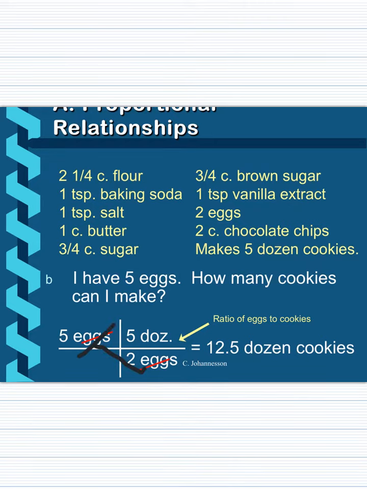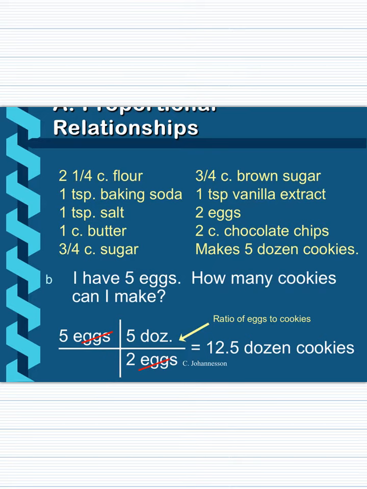Because I want to cancel these eggs out, okay? I want my answer to be in dozens. And so I need to get to that point by making sure all my units are canceled out. And in this case, my units are eggs. So I have 5 eggs, and I know 2 eggs will make 5 dozen.